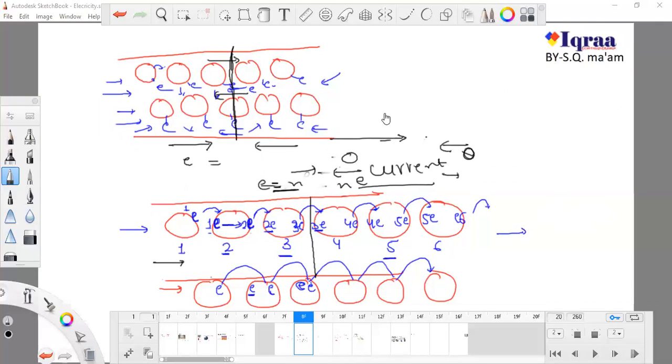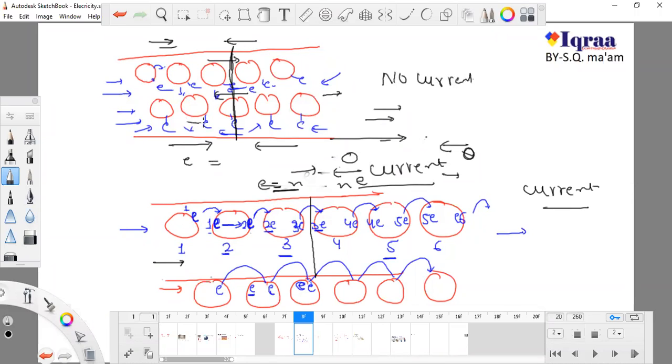Listen, tell me how electrons flow. They should not flow in a random manner. They have to flow in just a single direction, so that you can say they are in current. Okay, in this case there is no current. Some will flow here to here and some will flow here to here, so there is definitely no current.